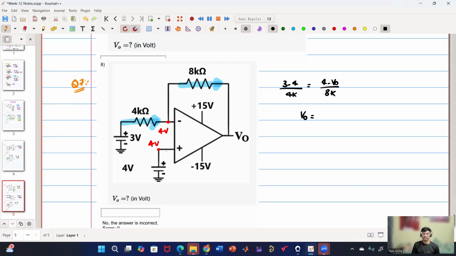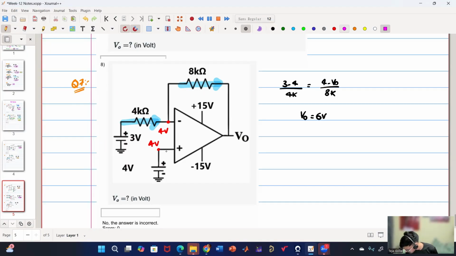Calculated that will be 6 volts. 6 volts. Very good.